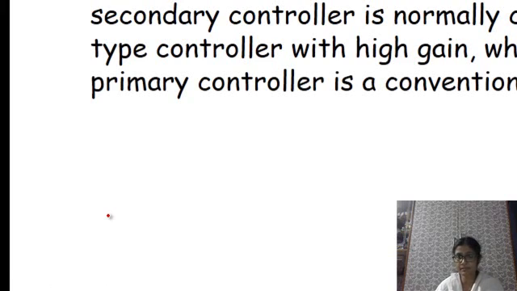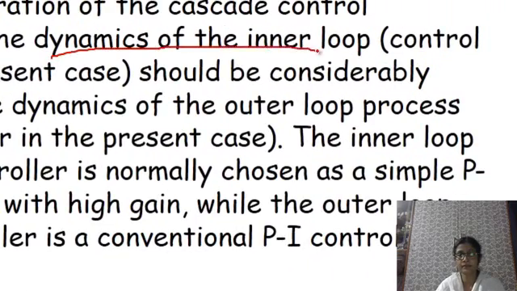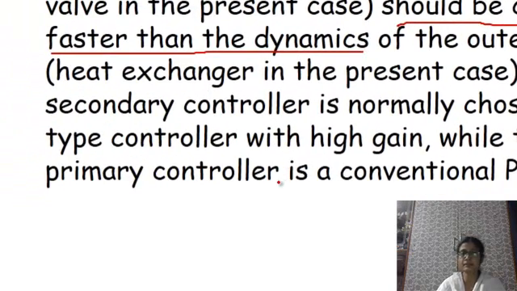This is what I want to mention repeatedly, that the dynamics of the inner loop should be considerably faster than the dynamics of the outer loop. Otherwise, it does not have any effect of cascading.